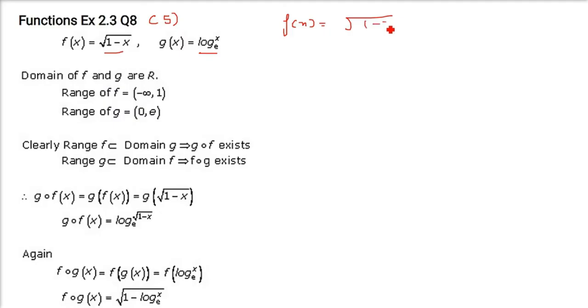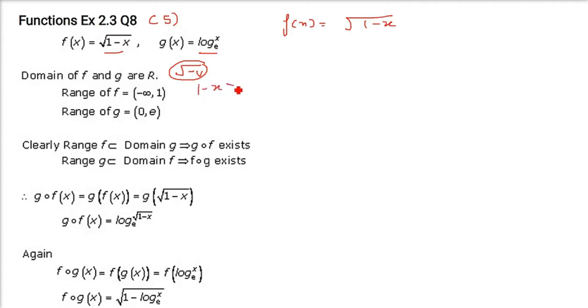So what is the domain? What all values x can take which are valid, meaning which will make this function valid. Under root, a negative value we don't take because that will come under complex values.